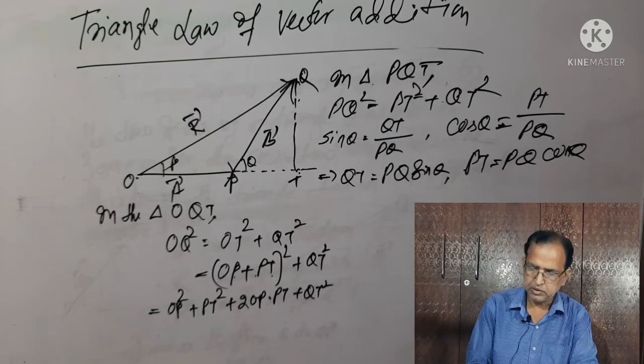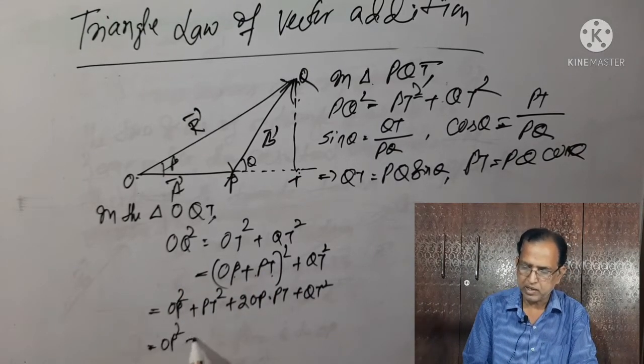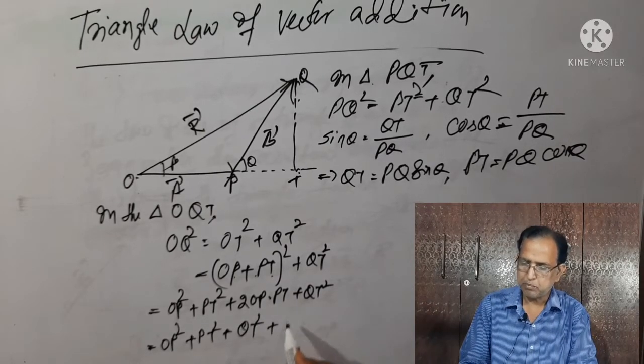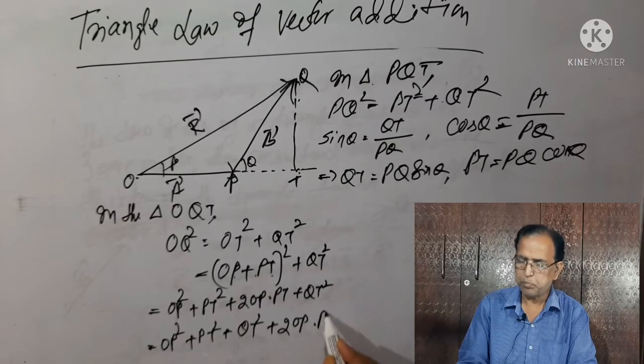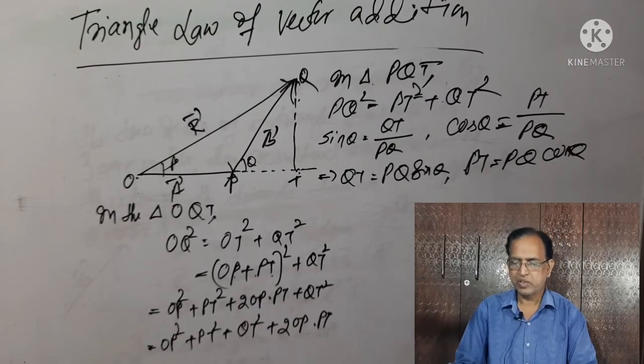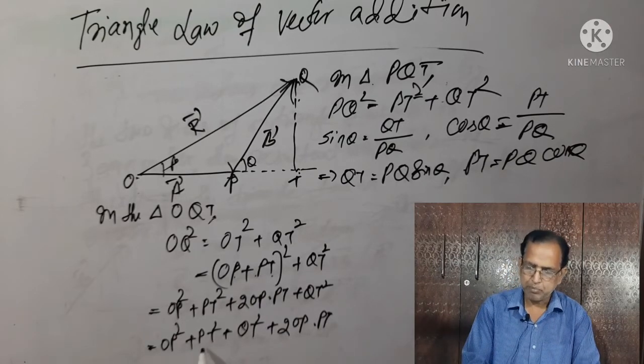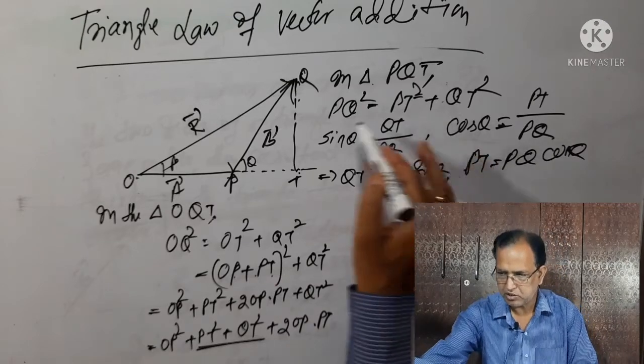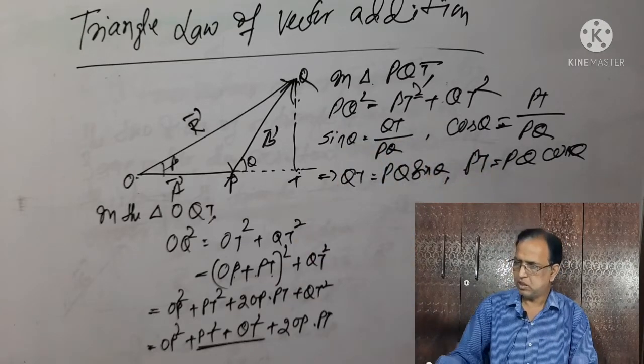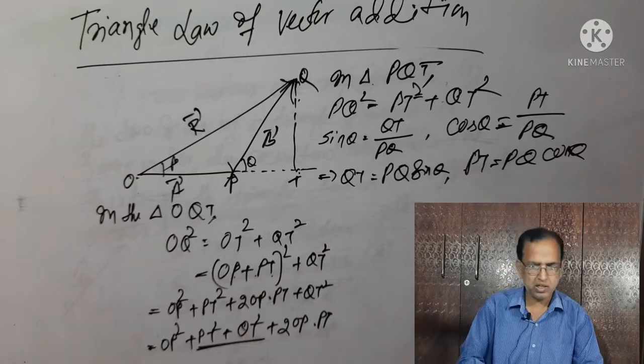Now put this in the equation. PT square plus QT square is equal to PQ square, and PT is equal to PQ cos theta.